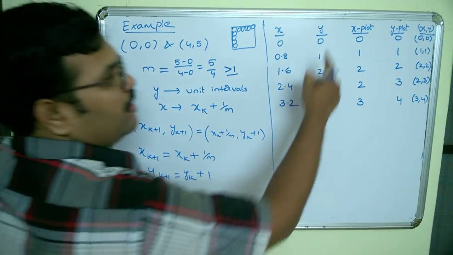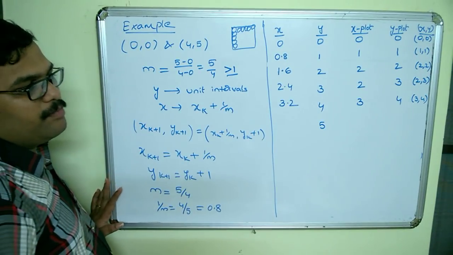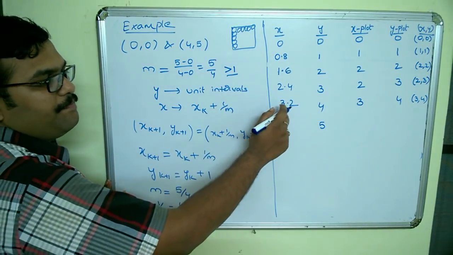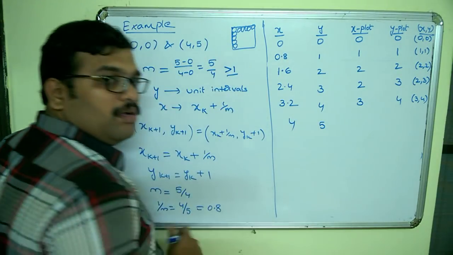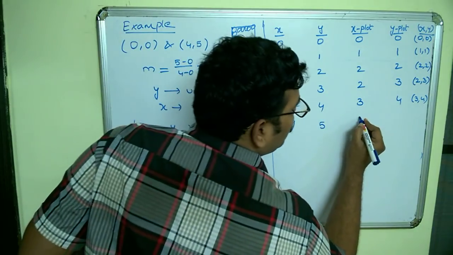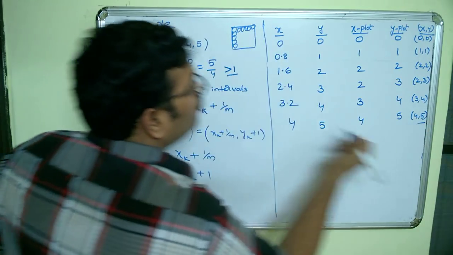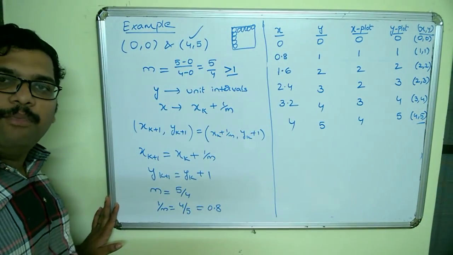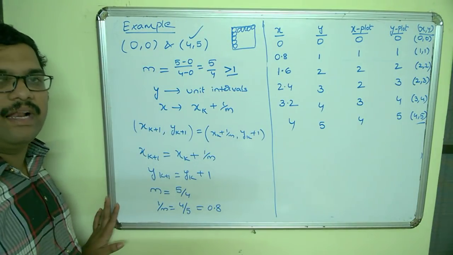Once again y moves in unit intervals, y becomes 5 and x adds 1 by m, that means 4. Obviously it is rounded, so 4 is plotted on x, 5 is plotted on y, the point will be 4, 5, which is the end point. So here we have to stop this DDA algorithm.